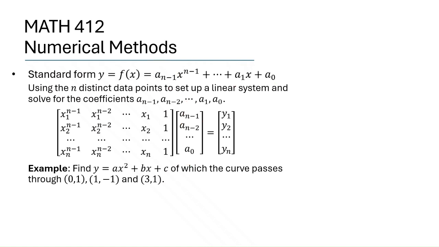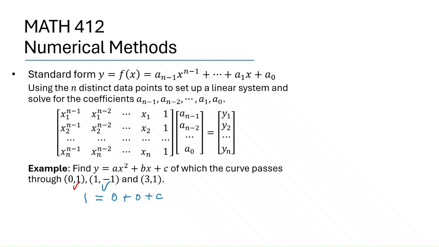Say, for example, we want to find a polynomial which passes through these 3 points exactly. Now we use each point. From the first point we know when x is 0, y is 1: a times 0 squared, b times 0, plus c.